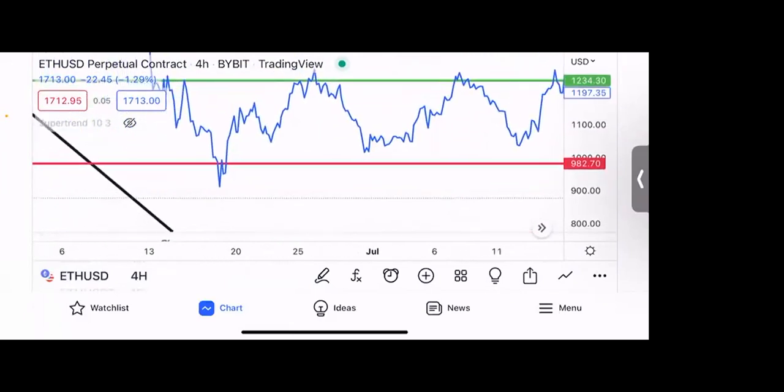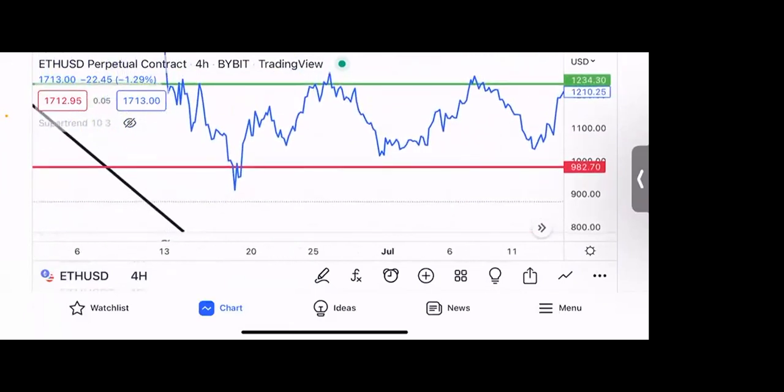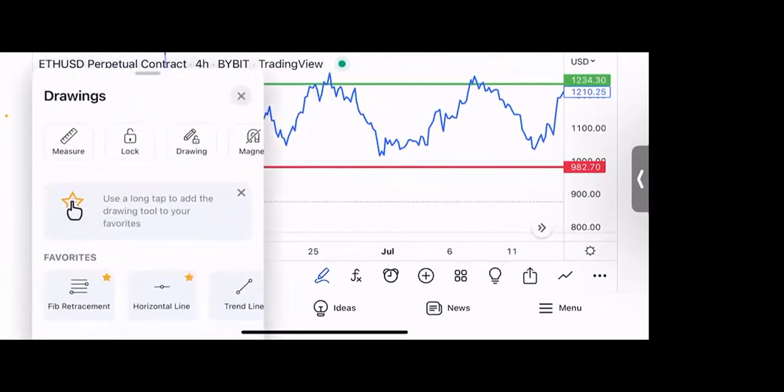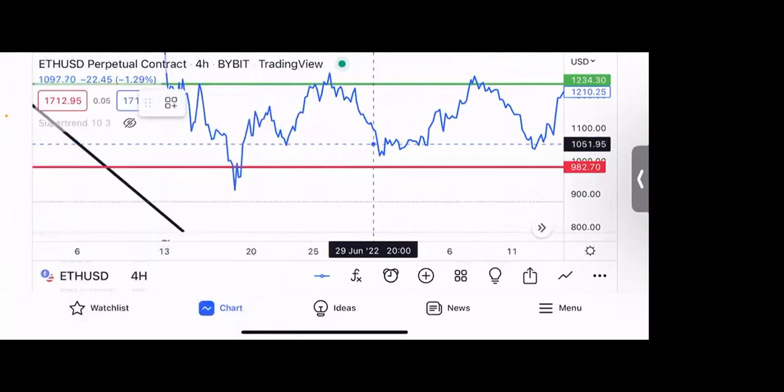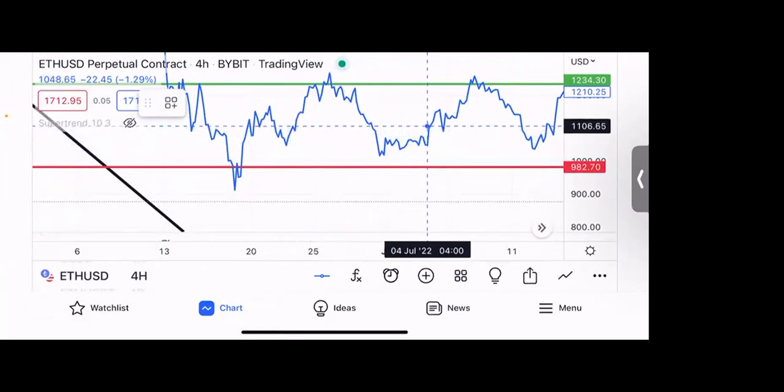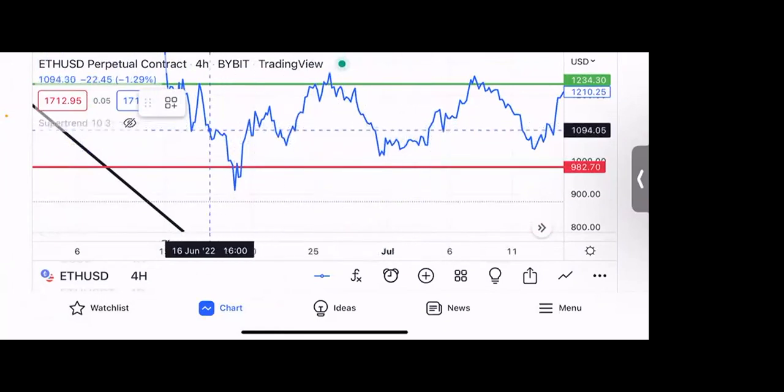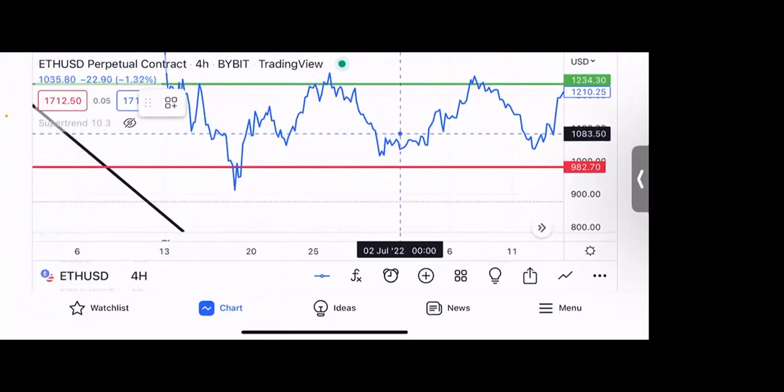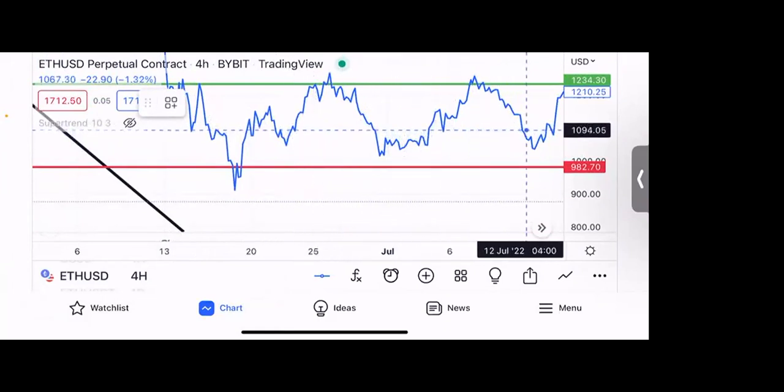Boom. And then I'm gonna mark one more just to be safe in my shorter time frame. 1, 2. So 1, 2, 2, 2. Nothing more.